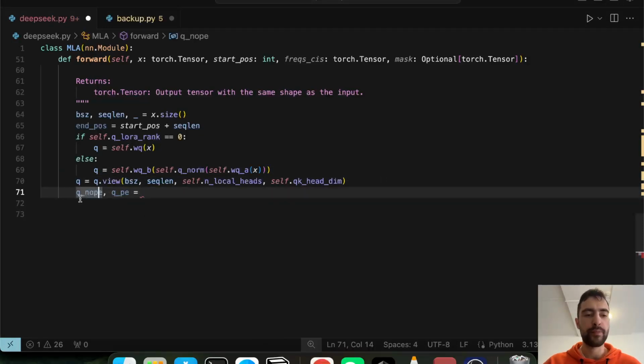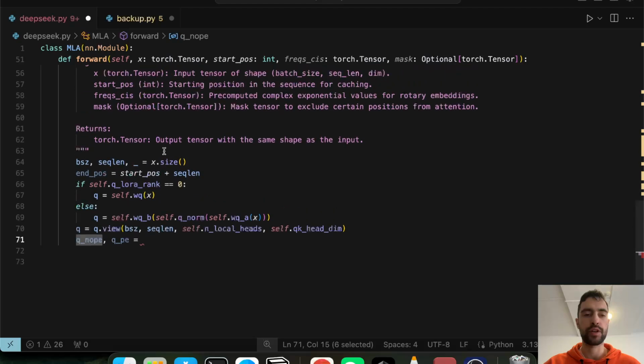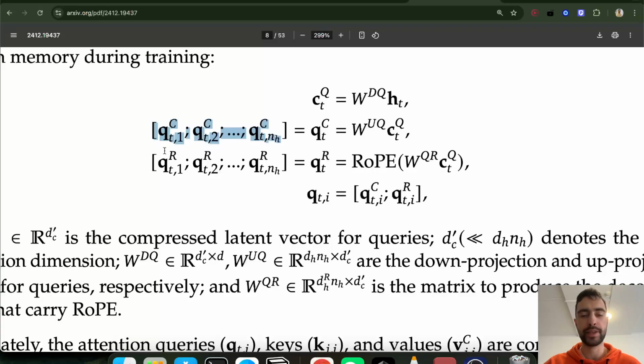Then we want to separate the heads of the query that don't have positional encoding and the ones that do. Because if you remember in our code implementation up here, we did this trick to increase the speed of computation by combining this calculation and this calculation. So now they are combined and we want to separate them.